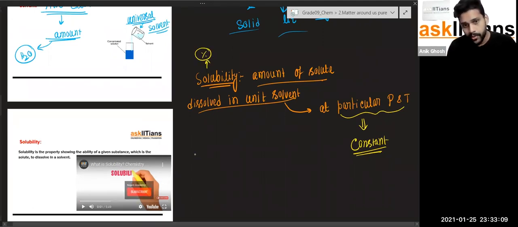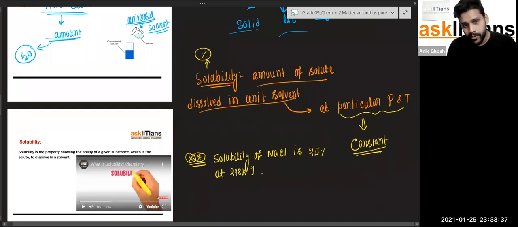So if someone tells you the solubility of NaCl, this is the thing they're asking you. Like we have seen, it was written the solubility of NaCl is 25% at 298 Kelvin temperature.